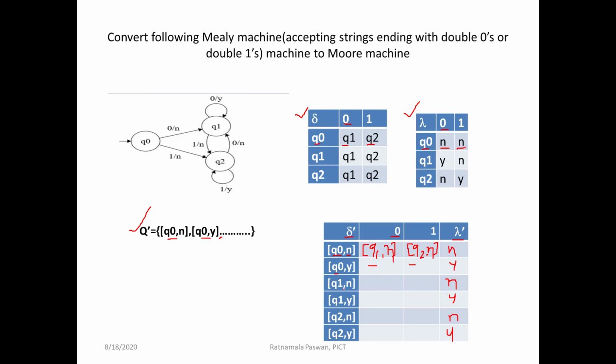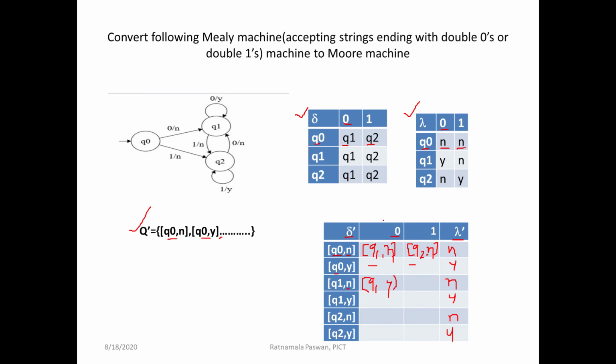Let's start with Q1N. We are not taking this symbol into consideration. Just check Q1 on 0. The state is Q1 and the output is Y. So I'll directly write here Q1 Y. In this way, we can find the next state, or you can say the delta dash. With the help of this, you can complete all the entries.